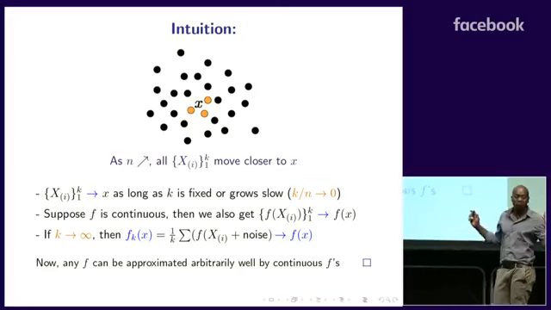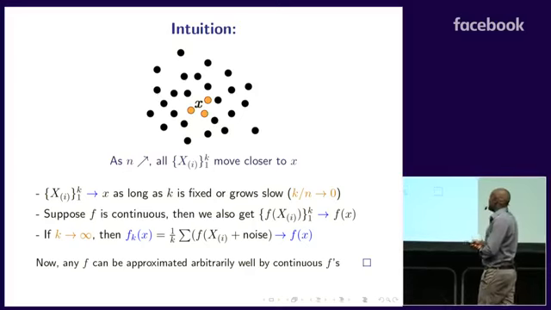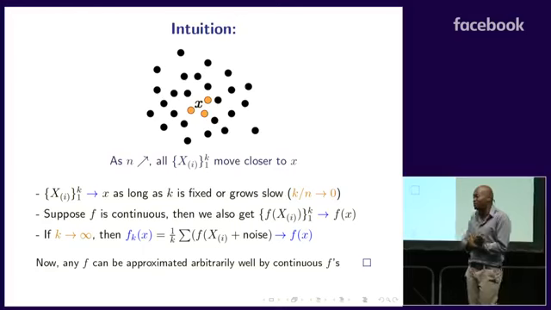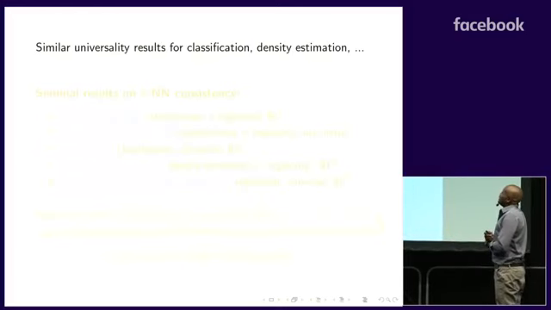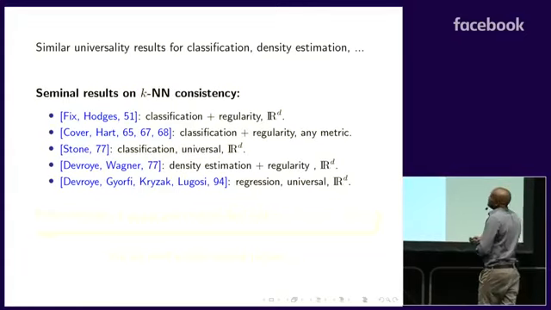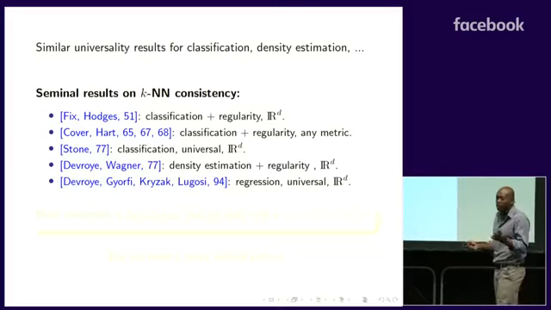So that's the first big message from this tutorial. And I put it first because I felt like everybody should have some intuition of this. Much of this result started very early. The seminal results started in 1951 by Fix and Hodges for classification plus some regularity conditions.